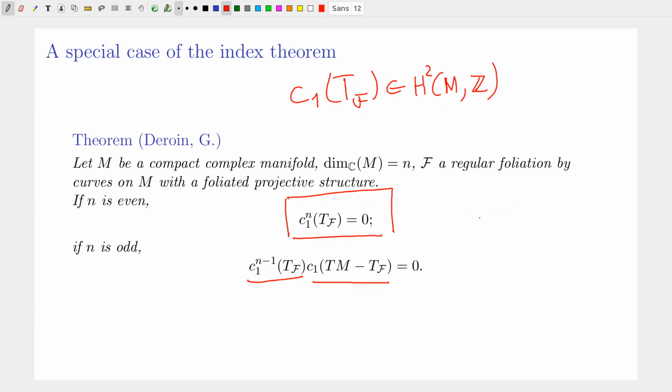Okay, so this special case of index theorem, so the general index theorem is obtained by applying the Baum-Bott index theorem to some special foliation that we build from our original foliation and the projective structure. We have, in some sense, in the same way as a Riemannian metric on a manifold gives you a geodesic vector field, this projective structure along the leaves of the foliation will give us, in some sense, a foliated geodesic vector field.